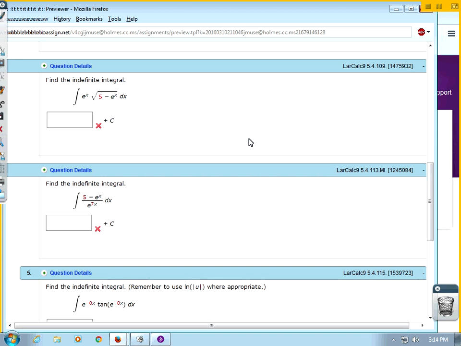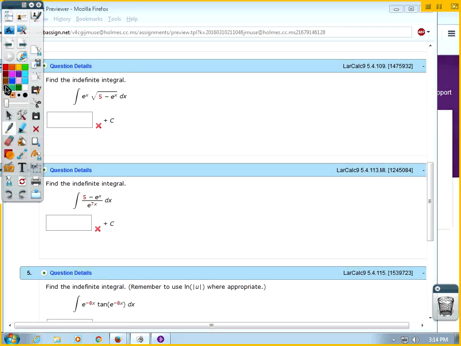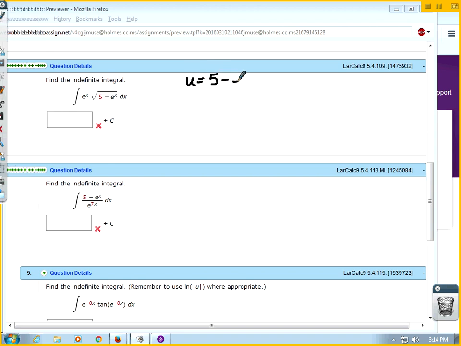All right, so our next problem, we have the integral of e to the x times the square root of 5 minus e to the x dx. Let's let u equal 5 minus e to the x.